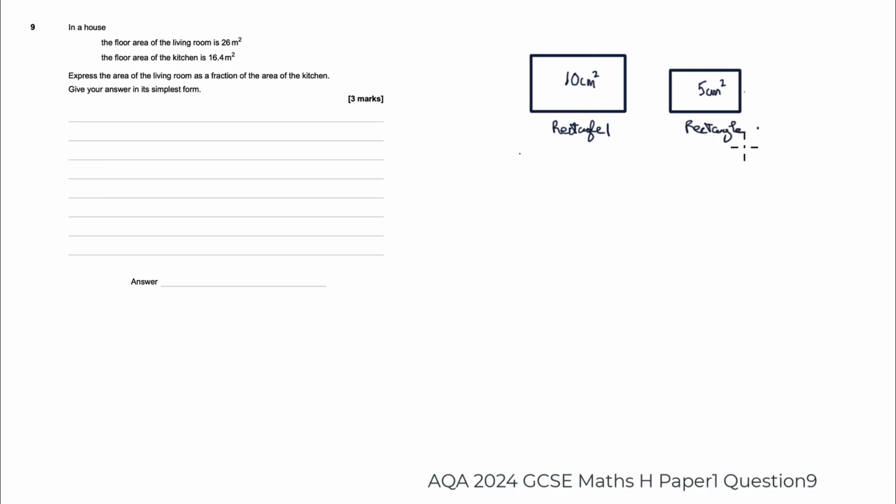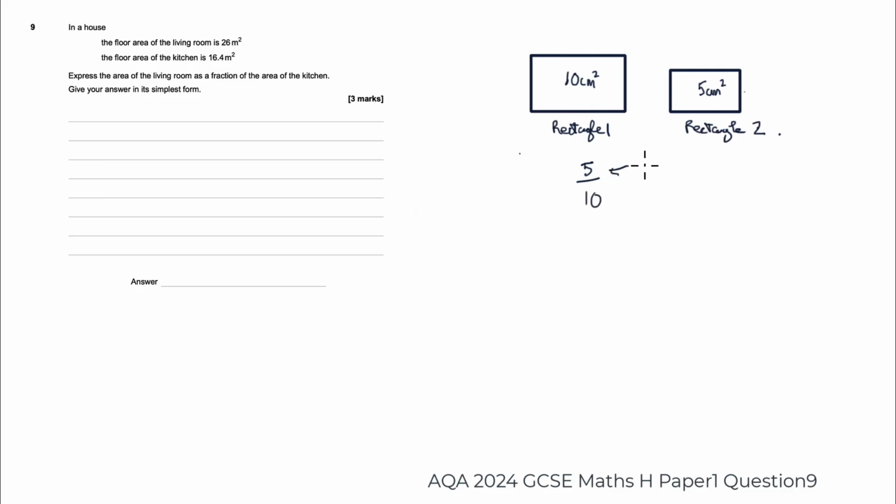Now just looking at this, you'd immediately say, well, look, the area of rectangle 2 is a half the area of rectangle 1. So express the area of rectangle 2 as a fraction of the area of rectangle 1. That would be 1/2. We've got 5 over 10.